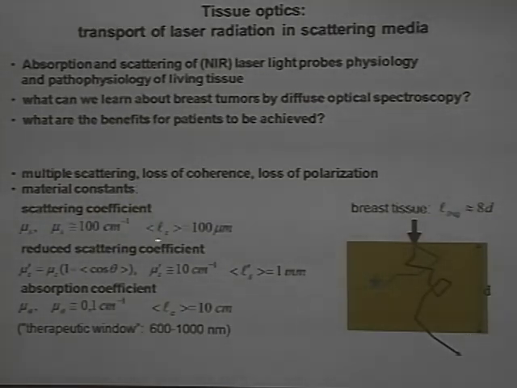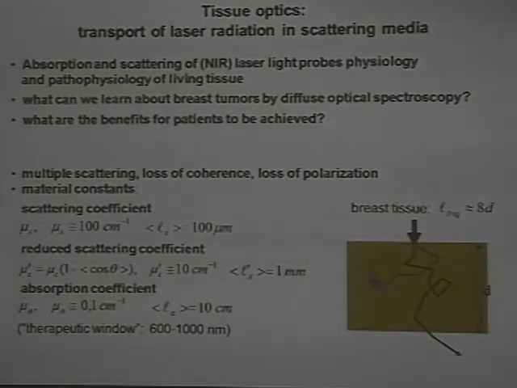So this distance is 100 micrometers. Until a photon travels through 6 centimeters of tissue, it's scattered many, many times. So we have multiple scattering. And because of the multiple scattering, you lose coherence and you lose polarization altogether.